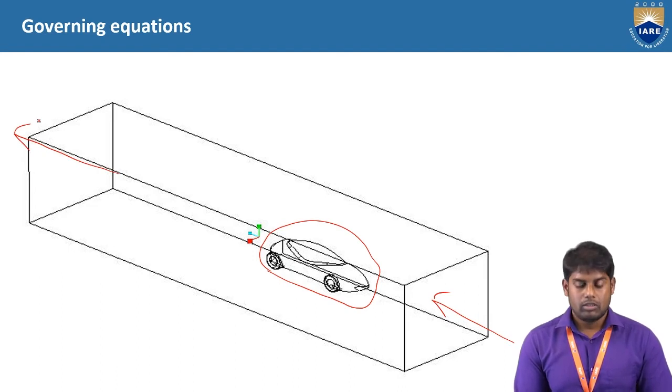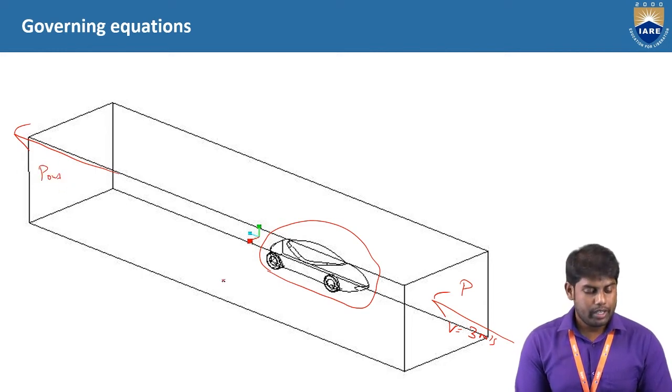Fine. You will apply the initial velocity of the fluid, let's say 3 meter per second. Then the pressure, and the outlet condition, let's say the outlet pressure. Fine. So you will apply boundary conditions. These are like wall. Okay, this is a wall, and you will simulate the flow problem.